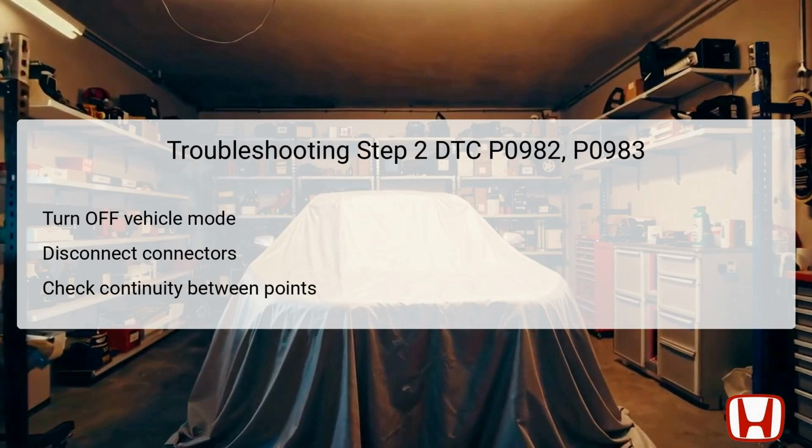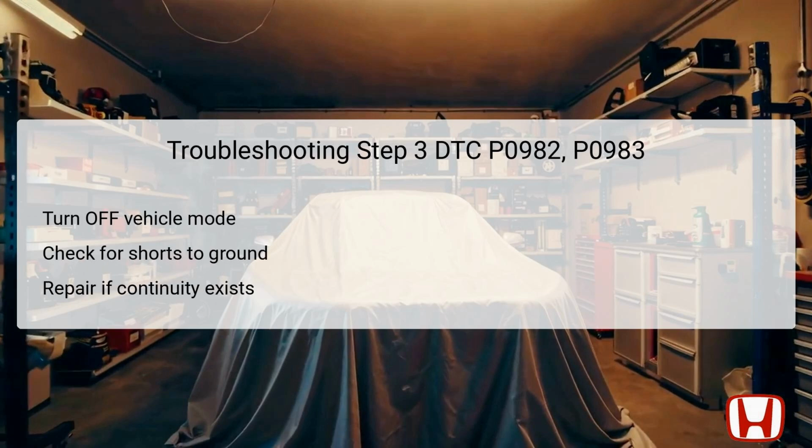With the connectors removed, check for continuity between designated test points to ensure that the wires are intact. This involves using a multimeter to measure resistance between specific terminals on the subharness and the TCM. Testing under these conditions helps to identify any open circuits in the wiring that could be causing the low or high input signals reported by the DTCs.